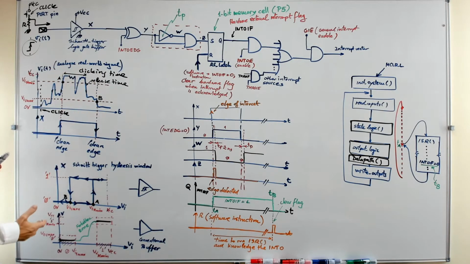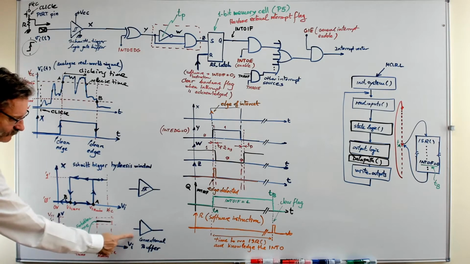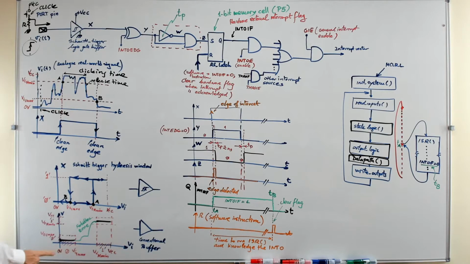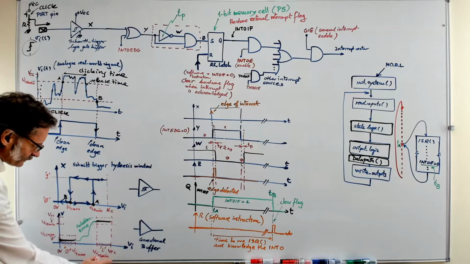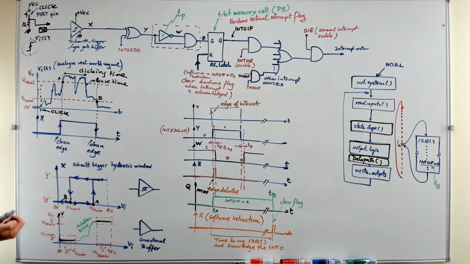So what we have here to avoid all these complications is the replacement of a conventional buffer or a conventional gate that works like this. A voltage between 0 and Vi low maximum is understood as a 0, and when you have a voltage between Vi high minimum and VCC, you have a clear 1.